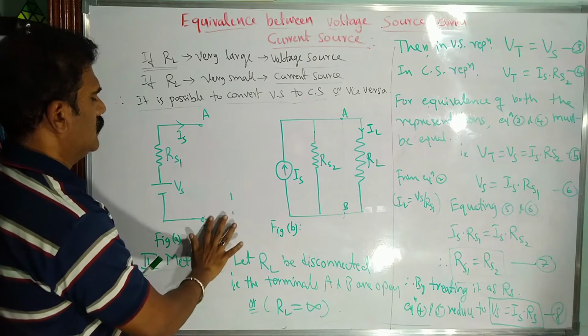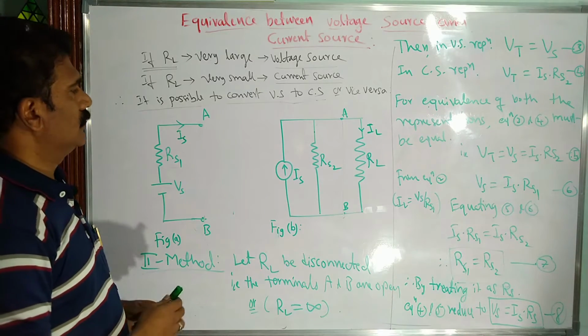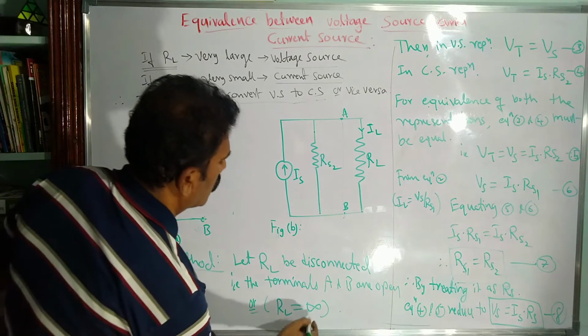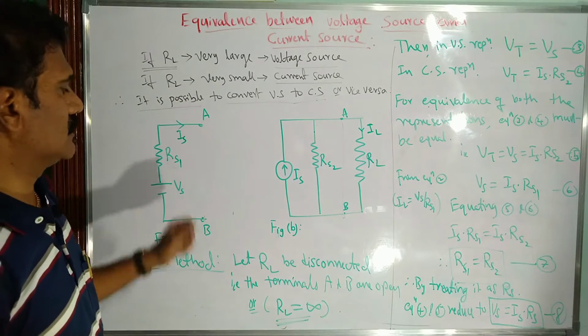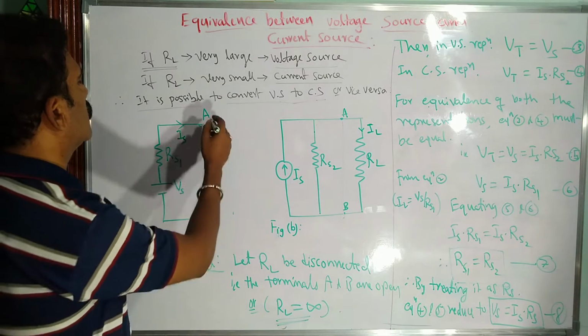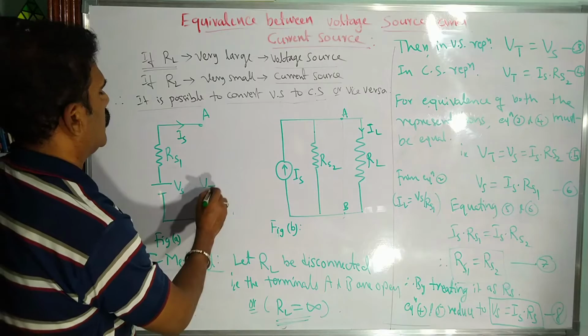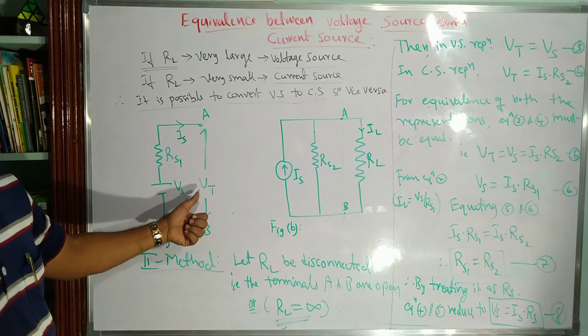So what is the resistance across A and B now when it is an open terminal? You have to assume that RL is equal to infinity. Load resistance is equal to infinite resistance. In that condition, what is the terminal voltage across A and B? VT. Across the open terminal we can measure the terminal voltage VT.